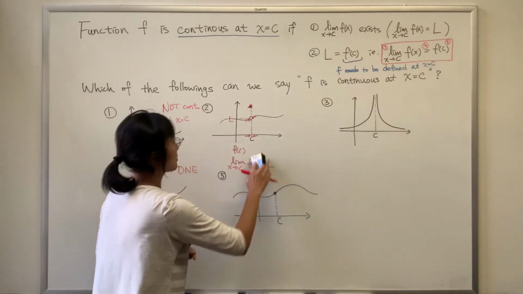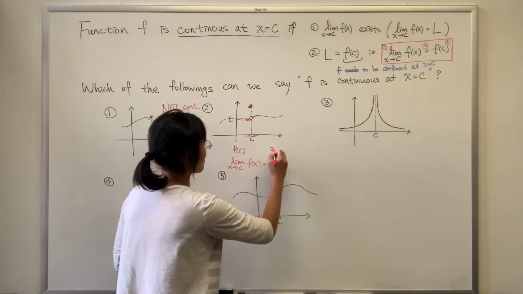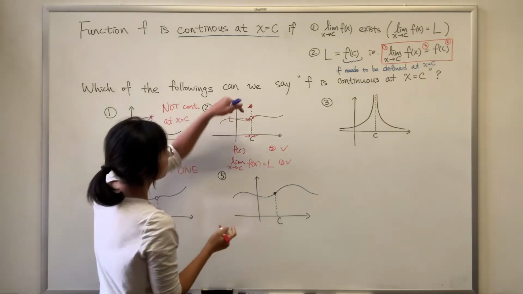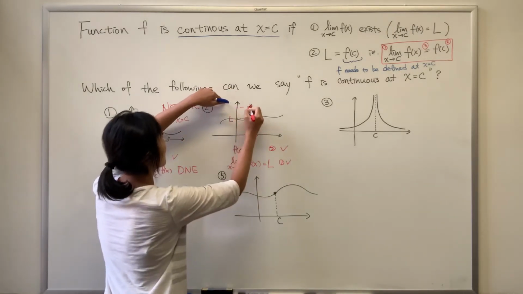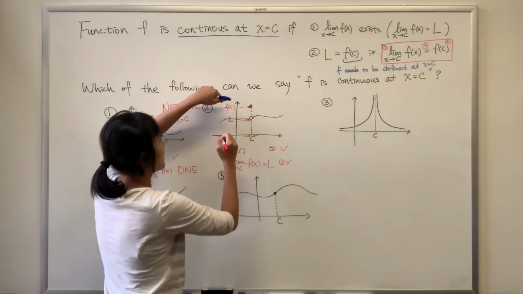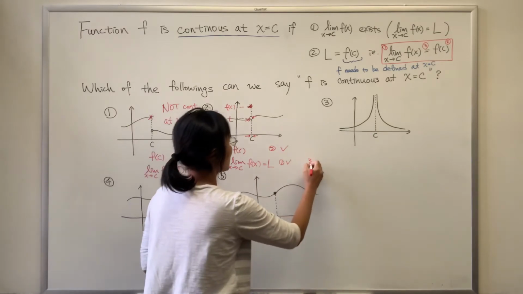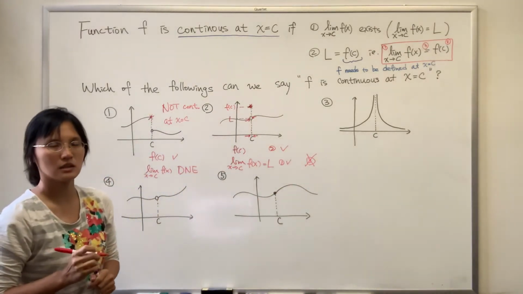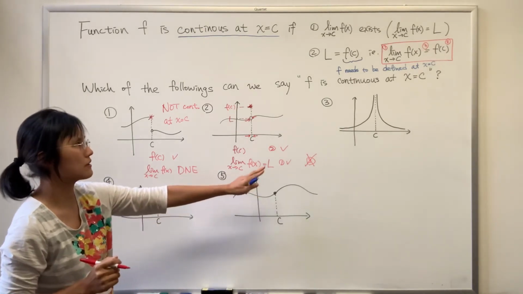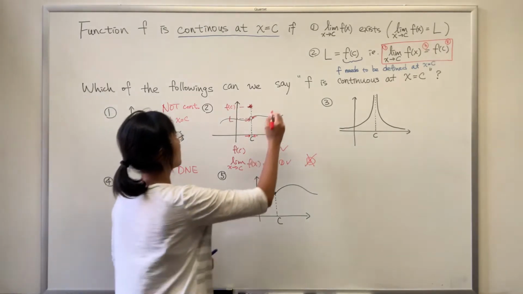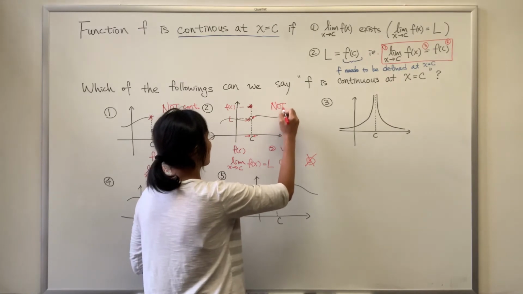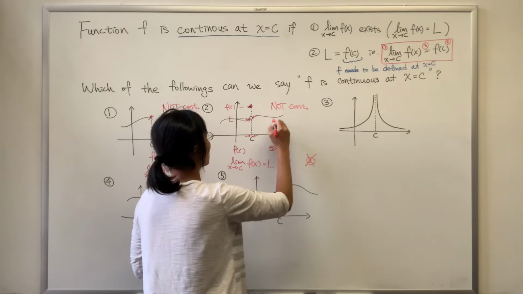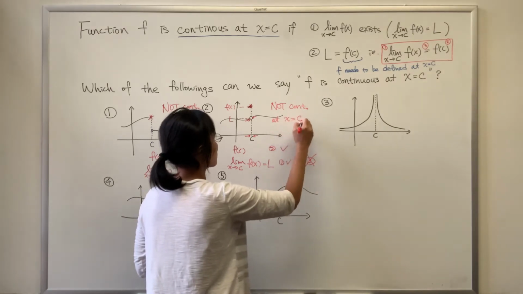Let me label them. f of c is condition 2, so condition 2, check. Condition 1, check. Now, if you look at the graph, you can see that f of c is not equal to the limit L. So condition 3 fails. Therefore, for example 2, the function is not continuous at x equal to c.